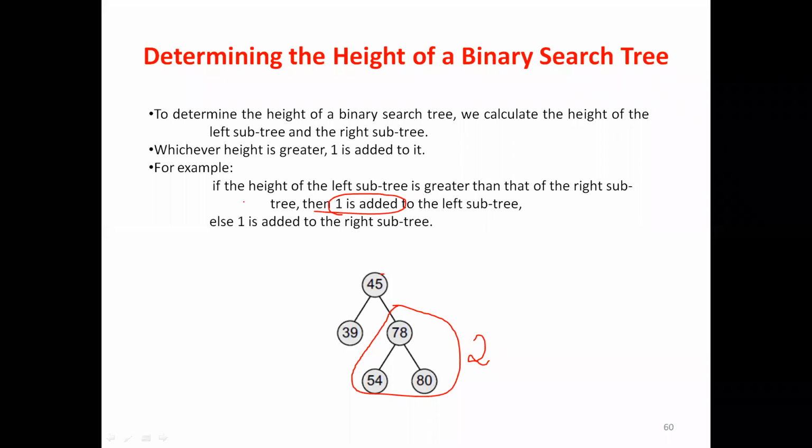Don't correlate with this example. I'm just saying, if the height of the left subtree is greater than the right subtree, then I add 1 to that. Else, I add 1 to the right subtree. In our case, the right subtree has the highest level, so I am adding 1 to that.